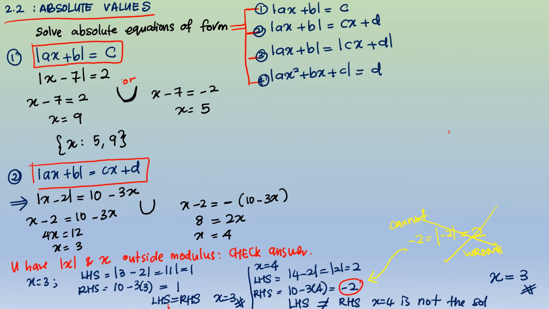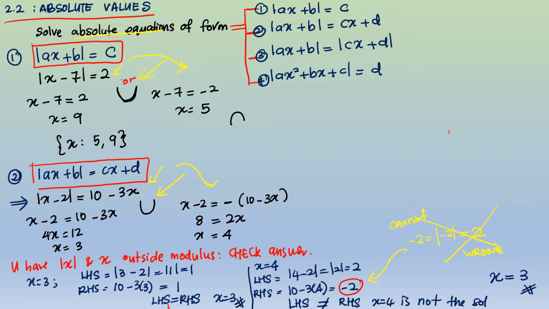Another highlight is if it is an absolute equation, because we know that we want to separate it into two parts, one positive and one negative, we will use the symbol or here, union. Different from before. What did we have before this?